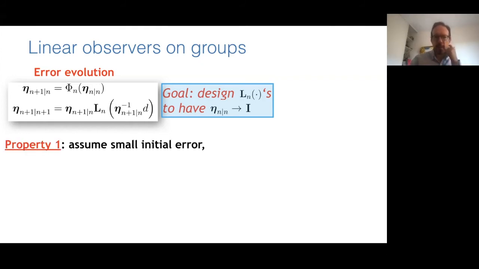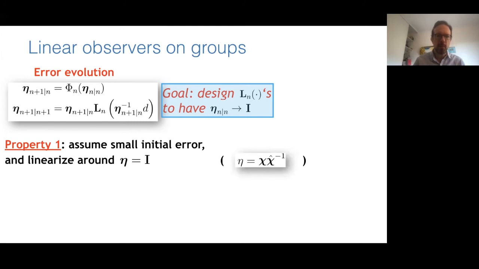So what is the virtue of this autonomous error evolution property? There are two main properties I'd like to mention. The first one is as follows. What you can do then is assume the error to be small, and then linearize the error system around the identity matrix that corresponds to a null error, as the error is defined that way.